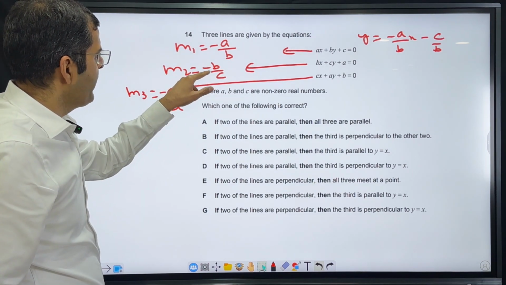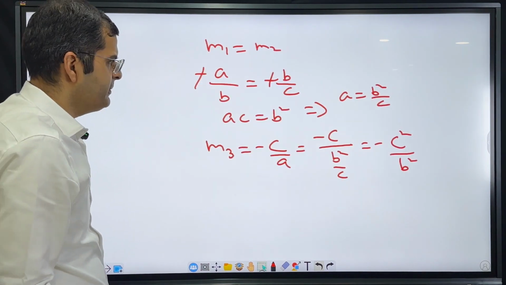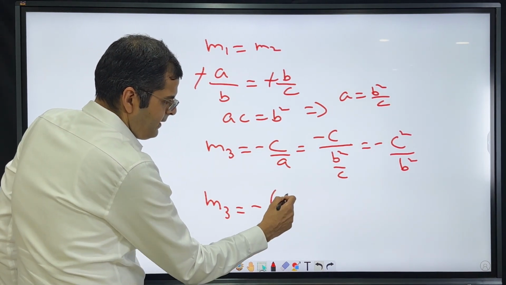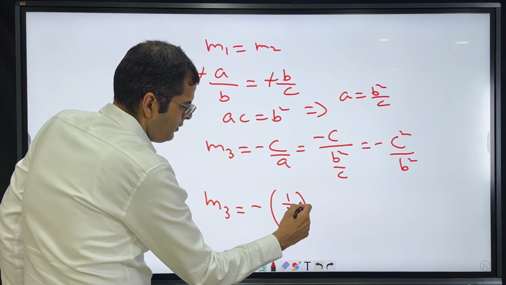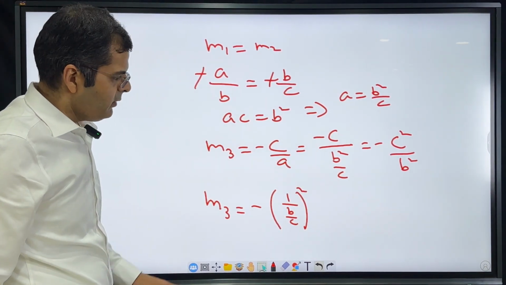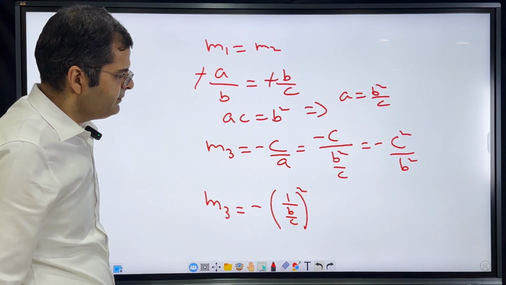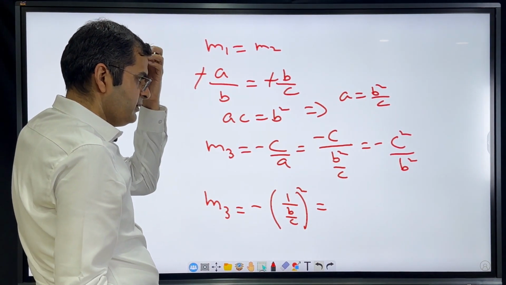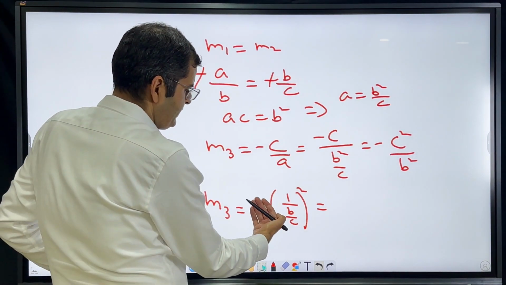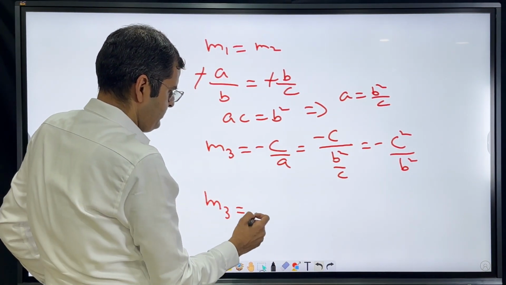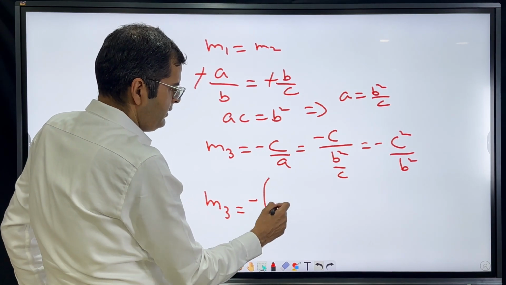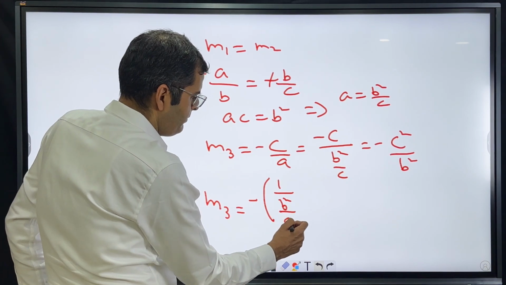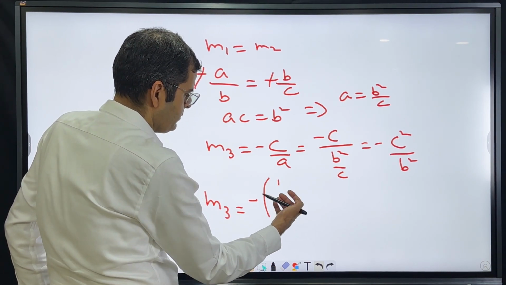And minus b by c is m2. So m3 is equal to minus of 1 upon b by c whole square. Best option is to take minus common, and 1 upon b by c whole square.